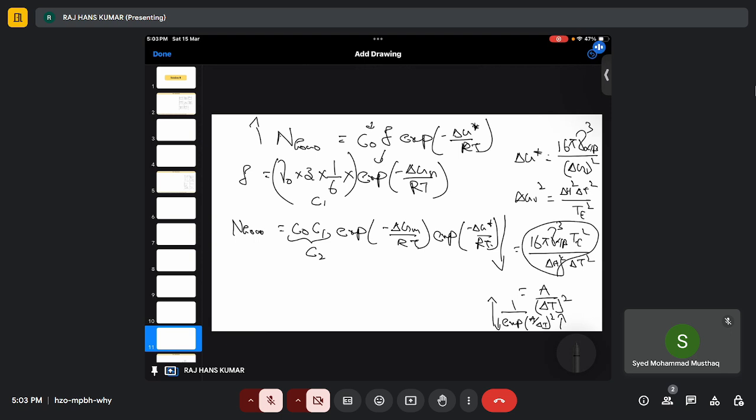Now, if we decrease the temperature, that means we are increasing undercooling, so this term will increase. This term will increase. But what about this term? This term purely depends upon temperature, right? So if we decrease the temperature, this term will also decrease. It is straightforward, because if you decrease the temperature, the average kinetic energy of the atoms decreases.